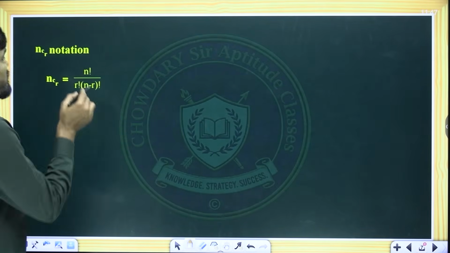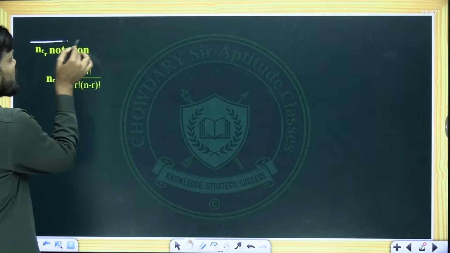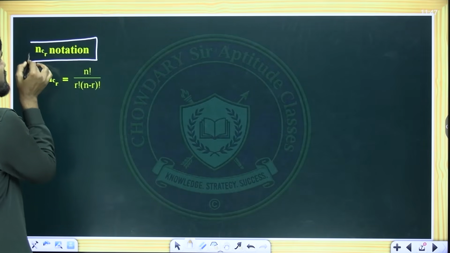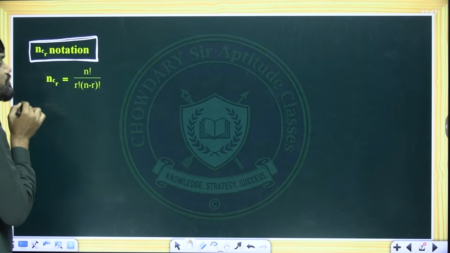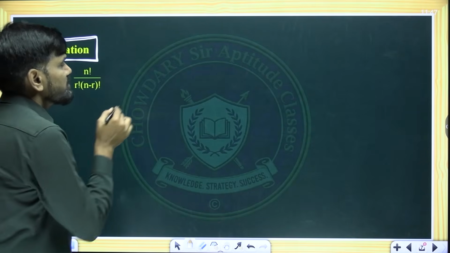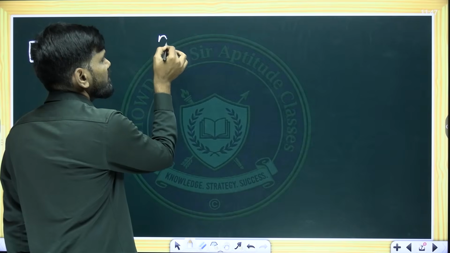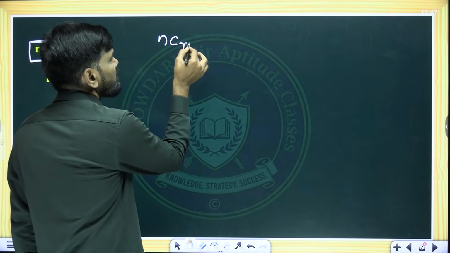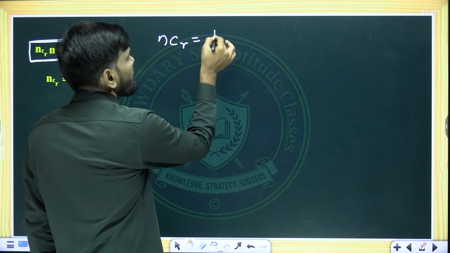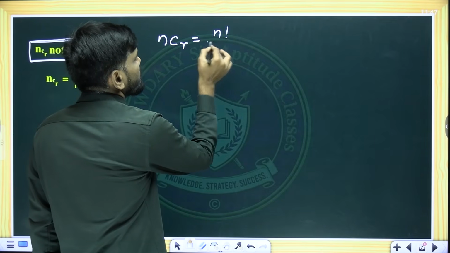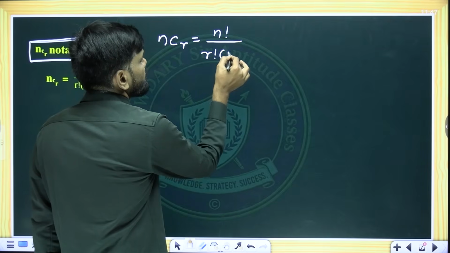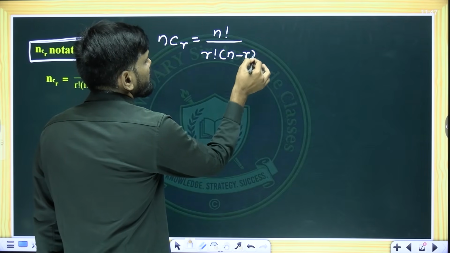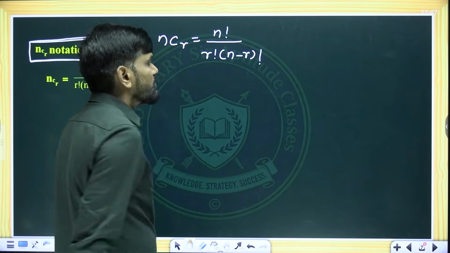Next concept, NCR notation. So what is this NCR notation here? NCR is equal to n factorial by r factorial into n minus r factorial.